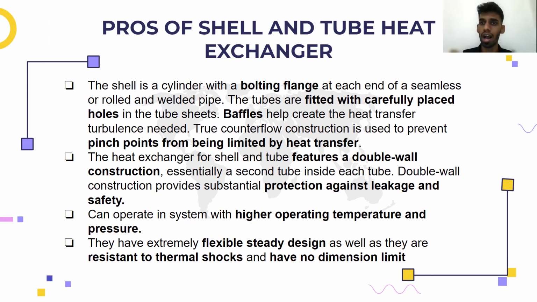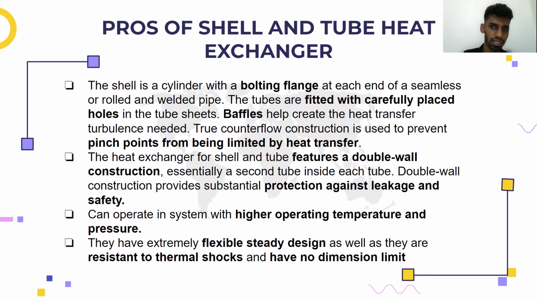The first reason for the baffle is that it helps to create the heat transfer turbulence needed. Another reason is that the baffle supports the tubes in order to prevent vibration caused by the flow of the system. Next, the true counterflow construction is used to prevent the pinch point from limiting heat transfer.